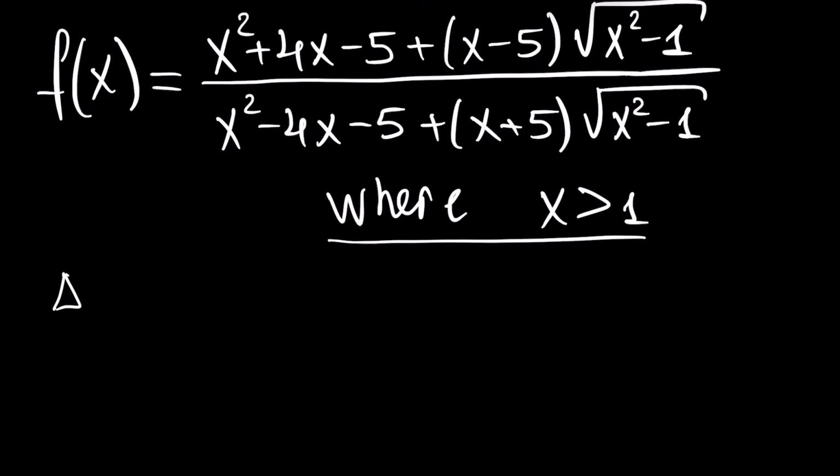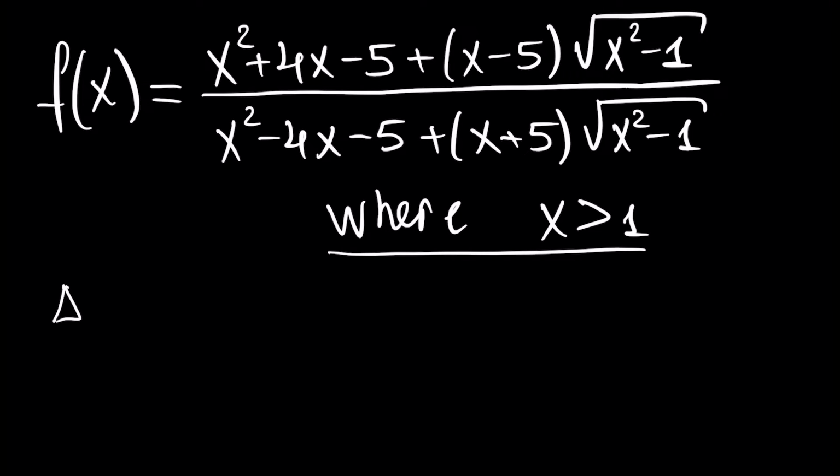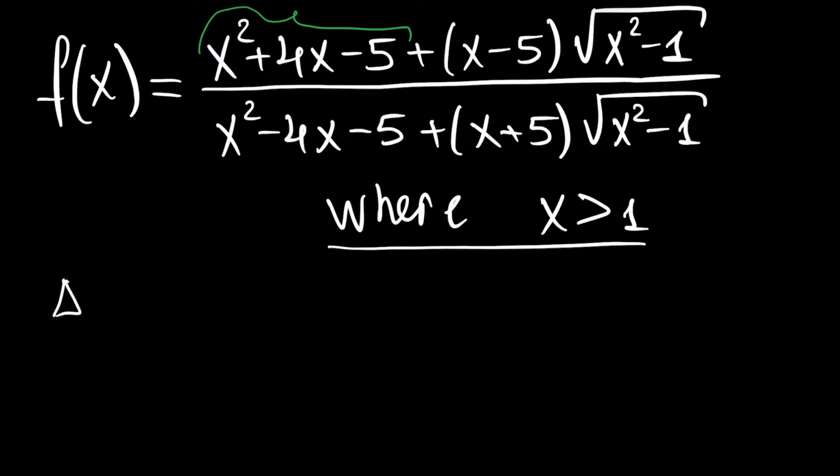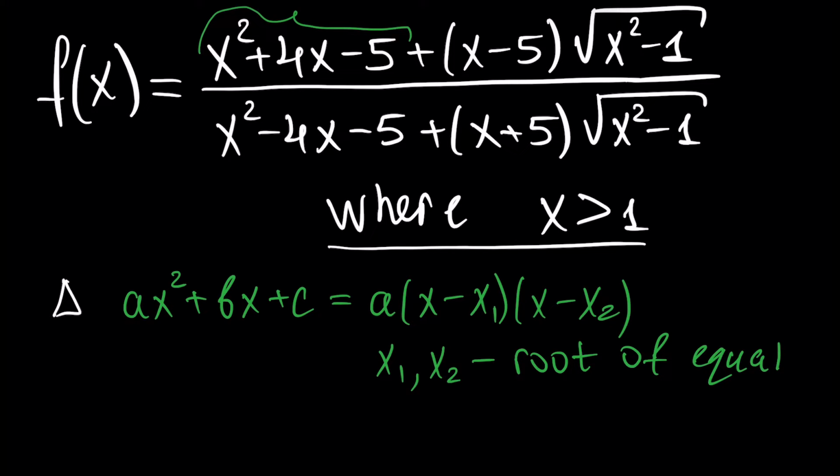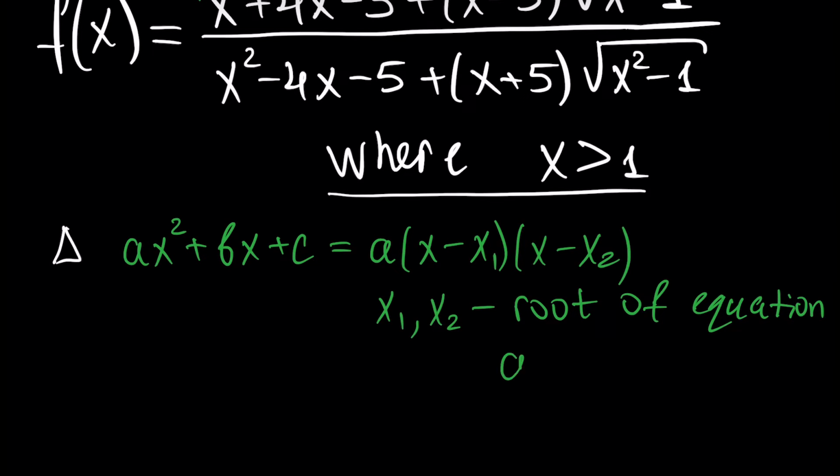First of all, to simplify our expression, we have to note that for this quadratic or polynomial of degree 2, we have a result that if we have ax squared plus bx plus c, this can be factorized and written as a times x minus x1 times x minus x2, where x1 and x2 are roots of the quadratic equation ax squared plus bx plus c equal to 0.